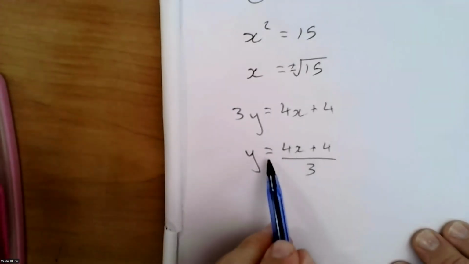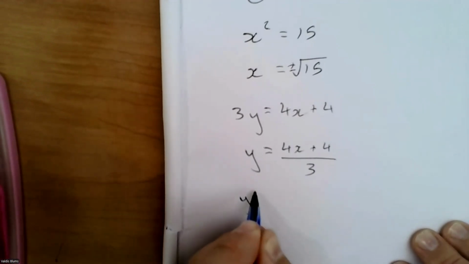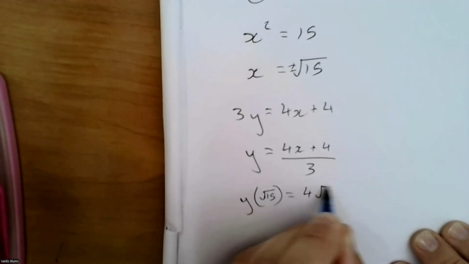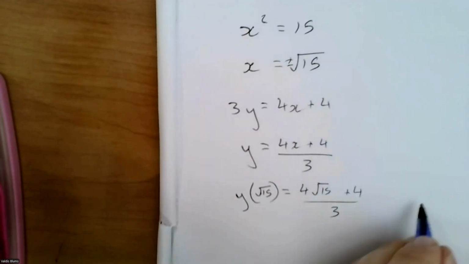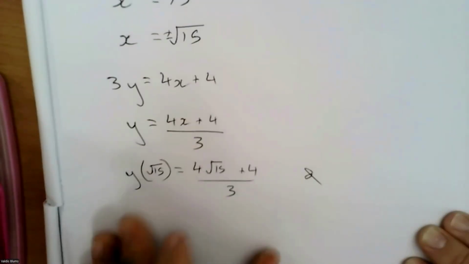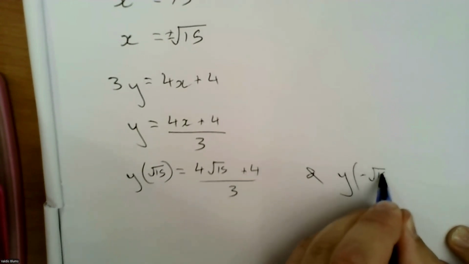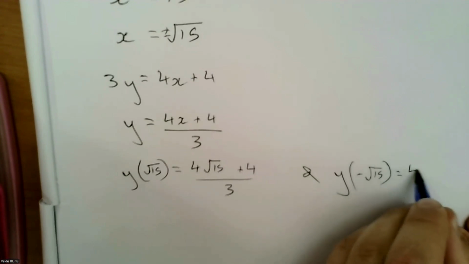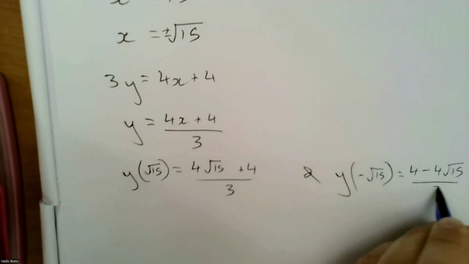And my x value is going to be plus minus square root 15. So y of square root 15 is equal to 4 square root 15 plus 4 on 3. And y of negative square root 15 is equal to effectively 4 minus 4 square root 15 over 3.